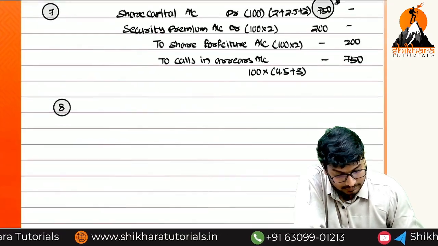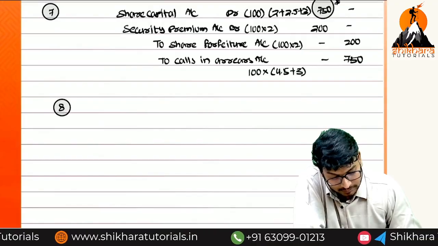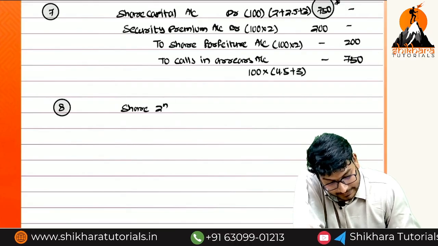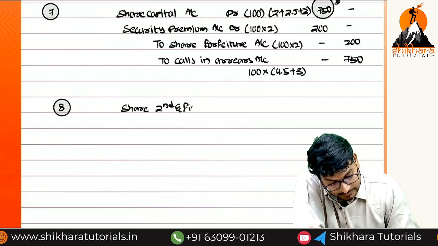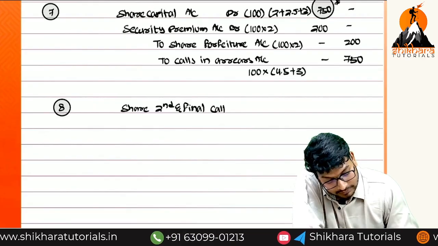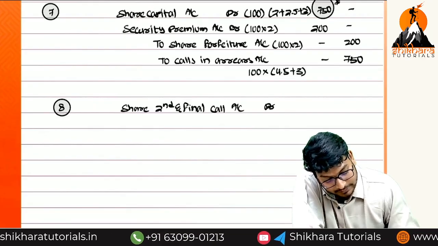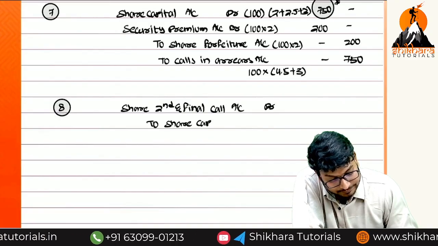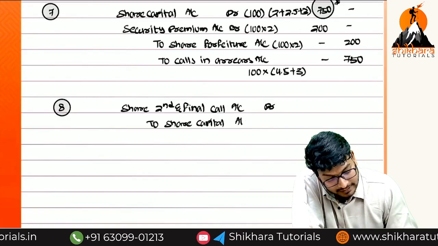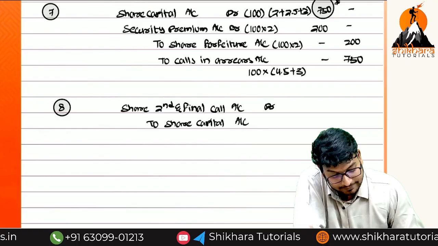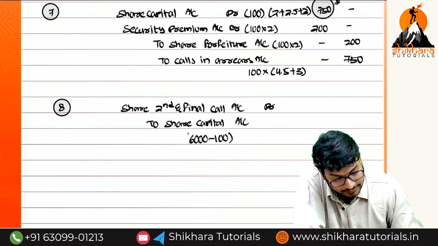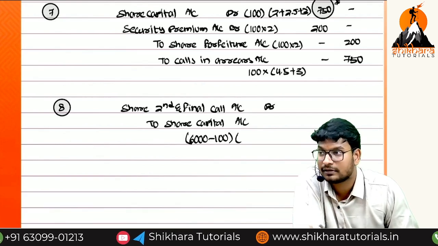Now what is the entry? Due entry. Share second and final call account debit to share capital account. How much? We have 6,000 minus 100 shares into what is the value? 2 rupees.